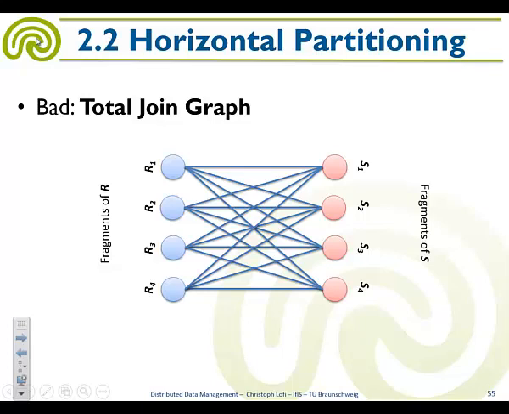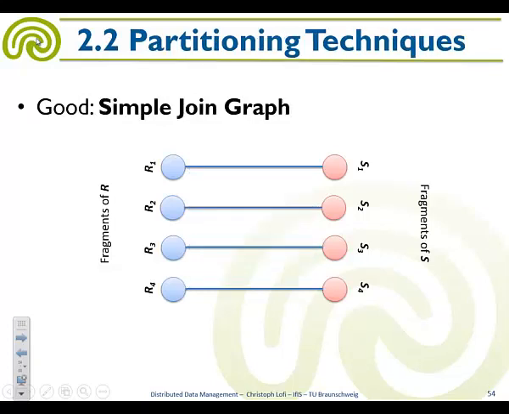A total join graph is something you want to prevent all the time, because that means you have to join every fragment of R with every fragment of S. That's something you want to avoid. If you end up with a join graph like that, you did something wrong, or your data is just not very well suited for distribution.